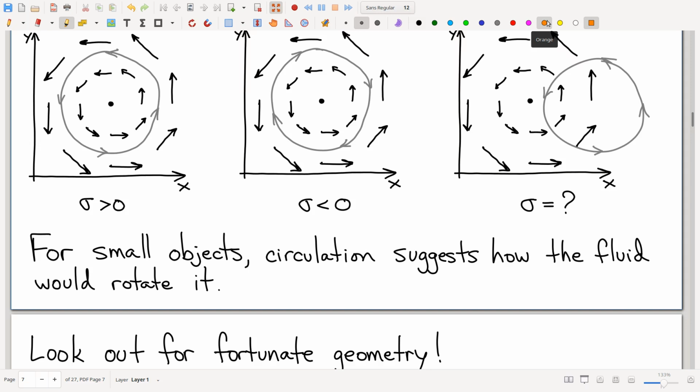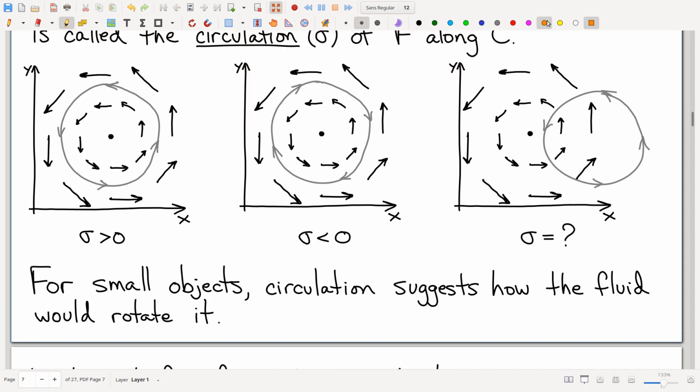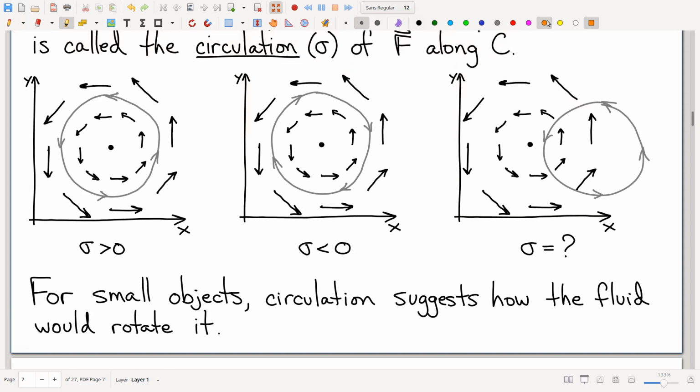They float downstream. Okay, but leaves don't just move. Imagine my hand being a leaf. The leaf, as it's flowing downstream, might also be turning as it goes. You've probably seen this kind of thing, right? So what determines how it's going to turn? And I would make the case that circulation is a pretty good model for trying to figure that out.